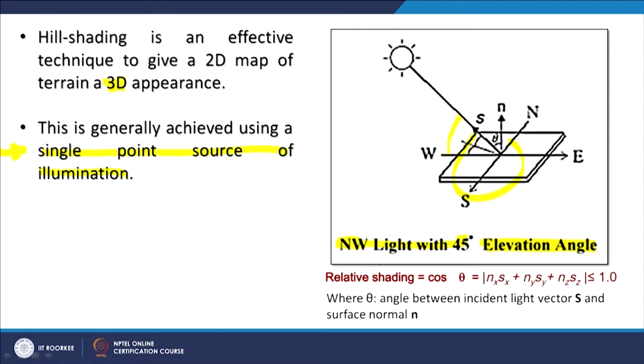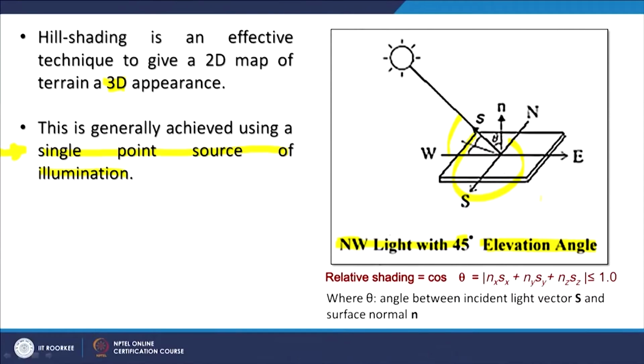If I have to compare my digital elevation model or shaded relief model with the satellite image of that area, I can find the sun position when the image was acquired, in terms of azimuth and elevation angle. I can use those 2 parameters of the sun and put them here.